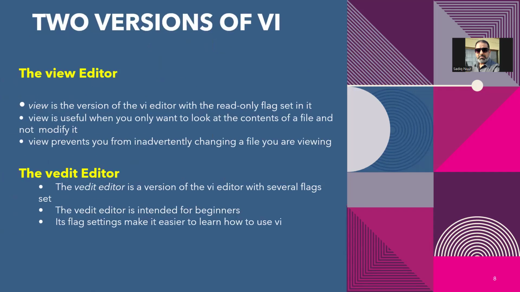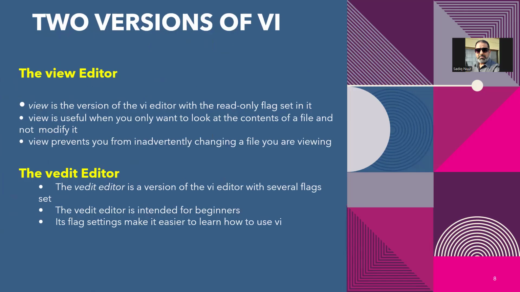There are two versions of the VI: the view editor and the VEdit editor. The view editor is the version of the VI editor with the read-only flag set. View is useful when you only want to look at the content of a file and not modify it.